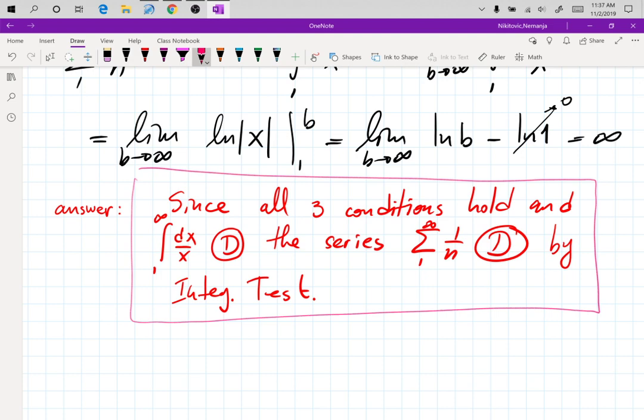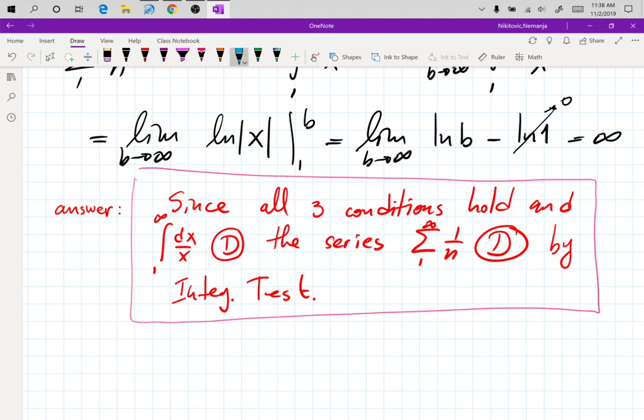And if the problem is 12 points, it's 3 out of 12 points. It's either 2 out of 10 or 3 out of 12 for the box. So all 3 conditions hold, and then the integral was divergent, which means the series is divergent. It's a very structured thing.